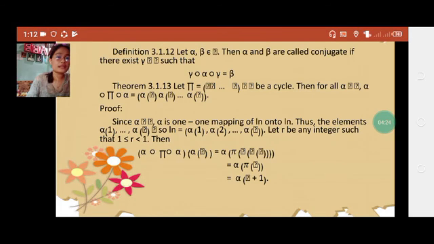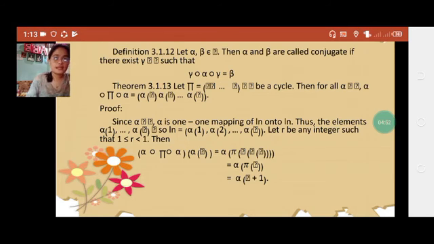Then for all alpha, an element of S sub n, alpha pi alpha raised to negative 1 is equal to the cycle (alpha of i sub 1, alpha of i sub 2, up to alpha of i sub k).